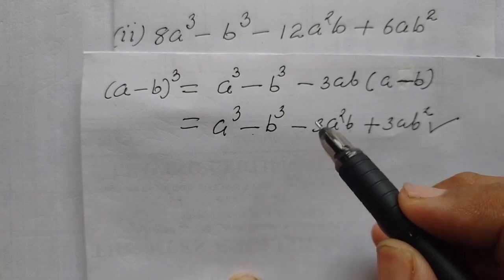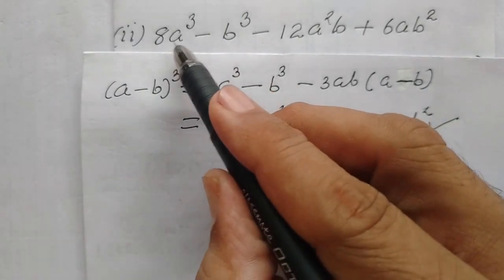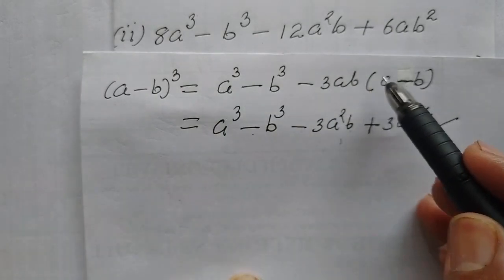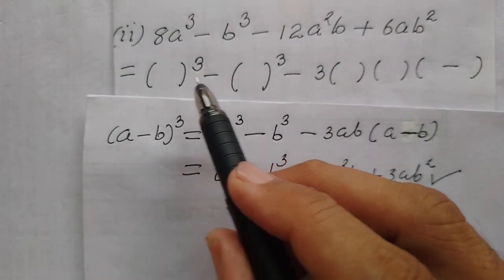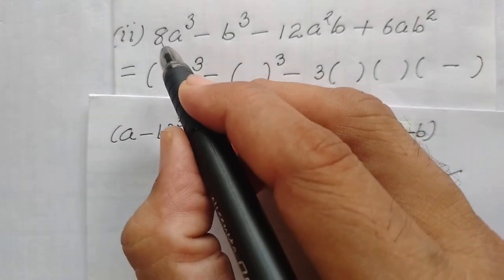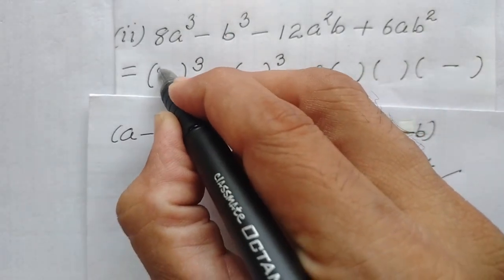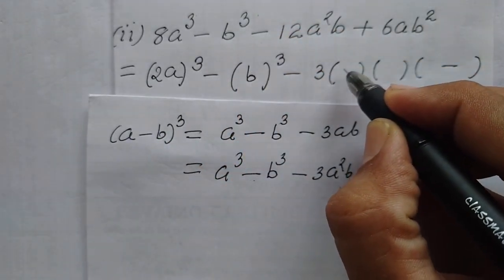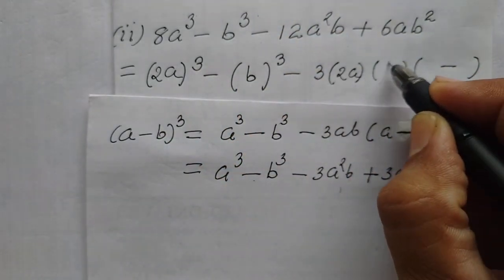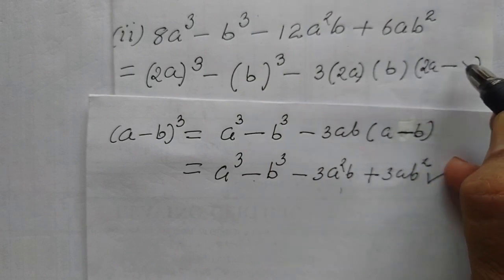So here, first step is we will convert this into this form, children. See the next step. See, this is the next step. So now children, the cube root of this is 2a, the cube root of this is b, so here it is 2a minus b.